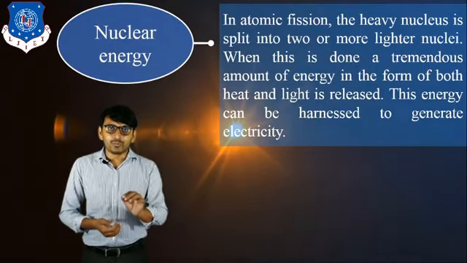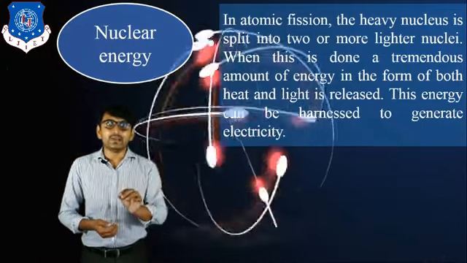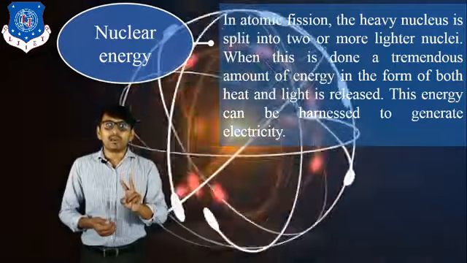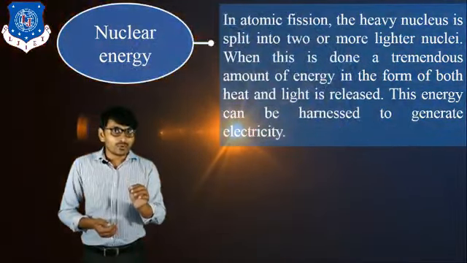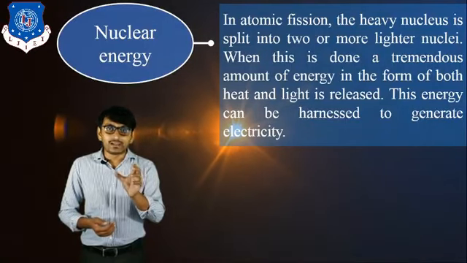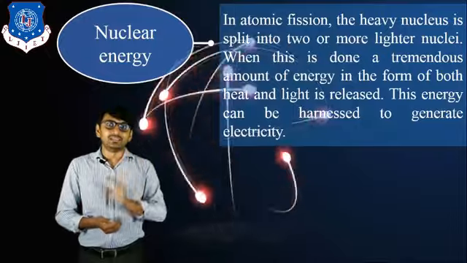So in atomic fission, the heavy nucleus is split into two or more lighter nuclei, and the mass of these combined lighter nuclei is less than the heavy nucleus.